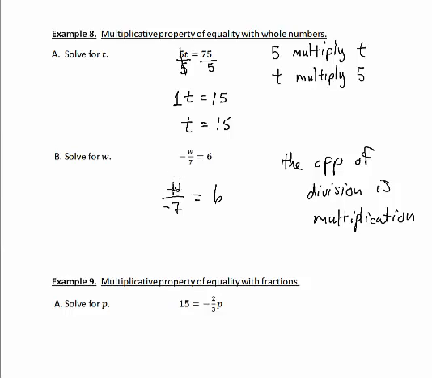So, what's happening to my variable W? Well, I'm dividing it by negative 7, so to get the W by itself, I would multiply by negative 7. And what I do to one side, I have to do to the other. So I multiply the 6 on the right by negative 7. The negative 7's cancel, leaving a W by itself on the left. And 6 times negative 7 is once again negative 42.